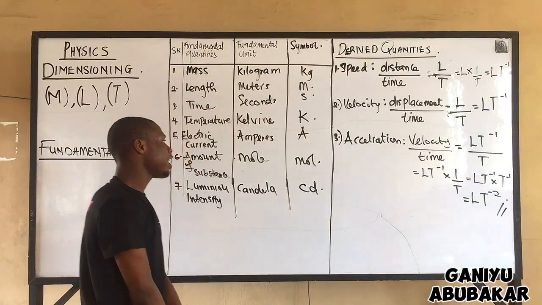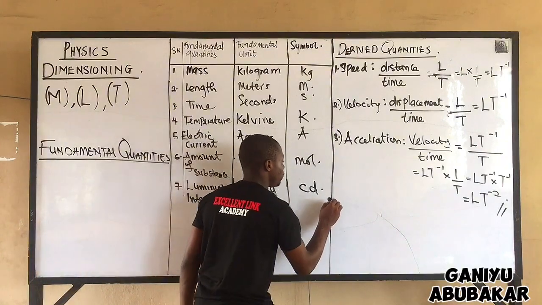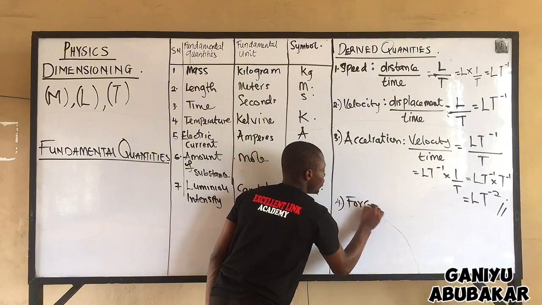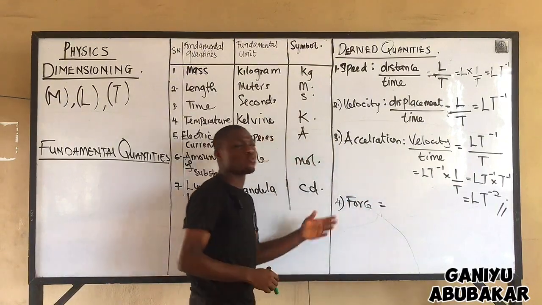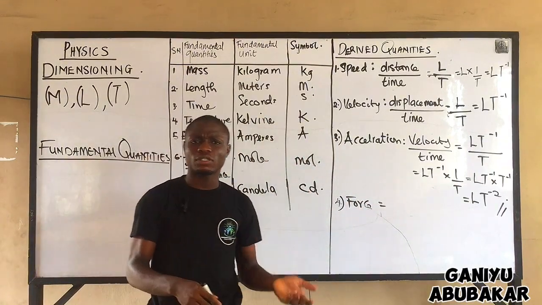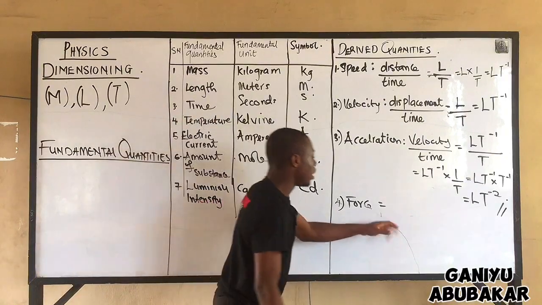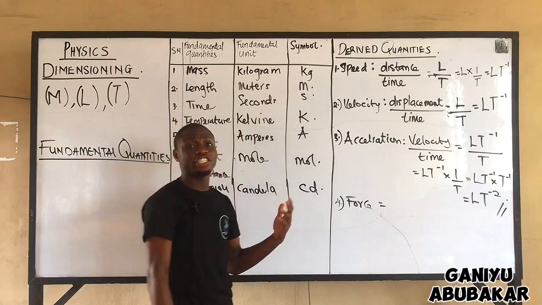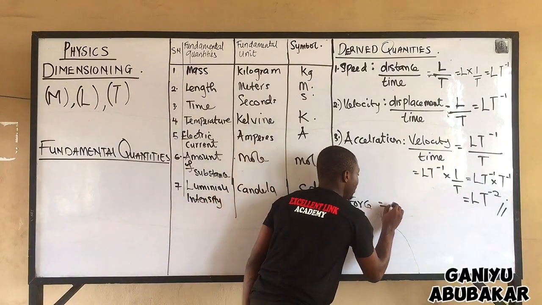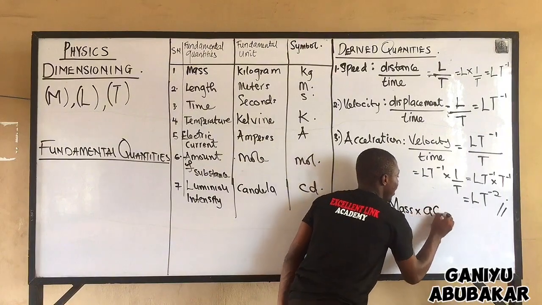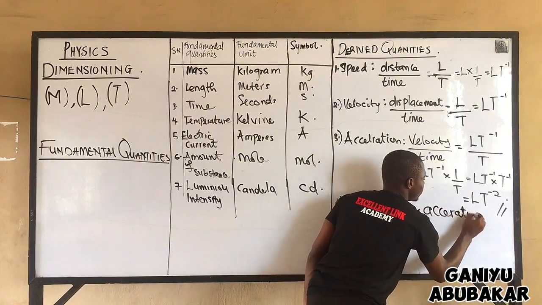All right. The next one I mentioned is force. Let's get the dimension for force. What's force? By mathematical sense, force is simply mass times acceleration.